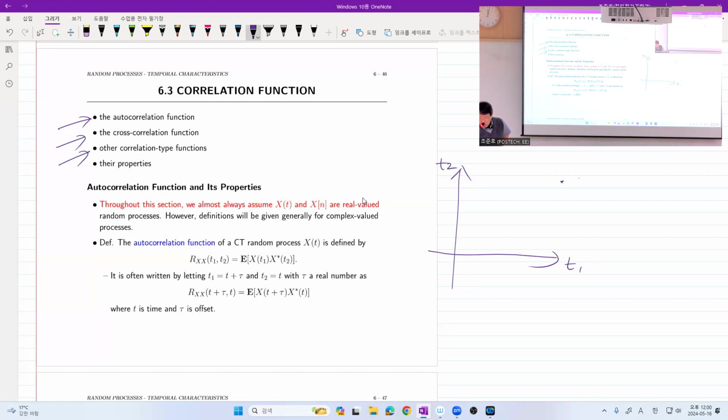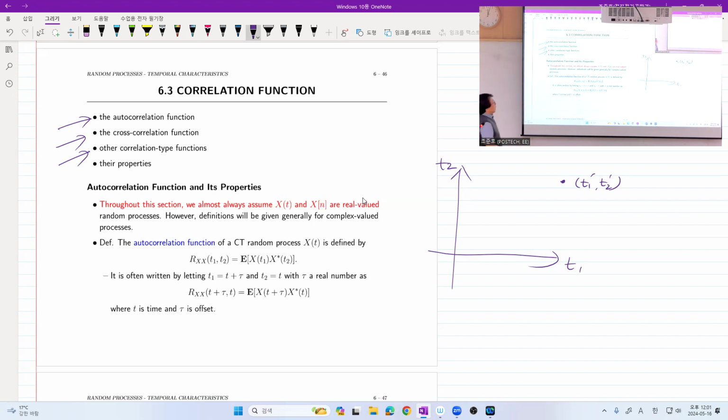At each pair of points, T1 prime, T2 prime, you have a complex value. That is the correlation between x of T1 and x of T2. Of course, you have one more plane, and you take the same point, and you have the complementary autocorrelation between x of T1 and x of T2. Got it?